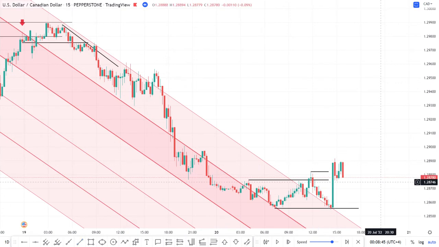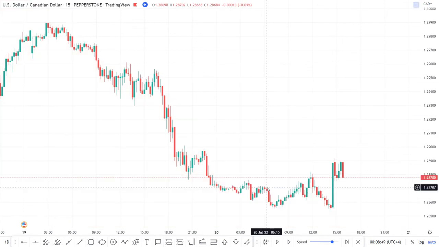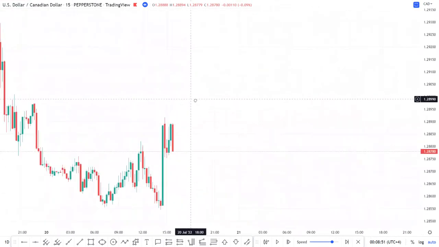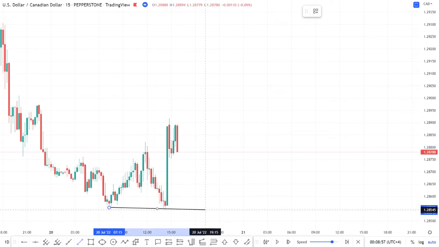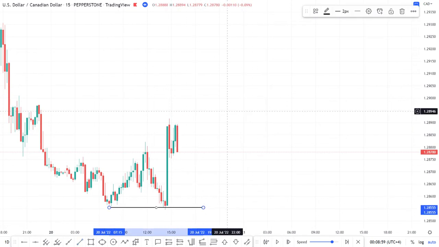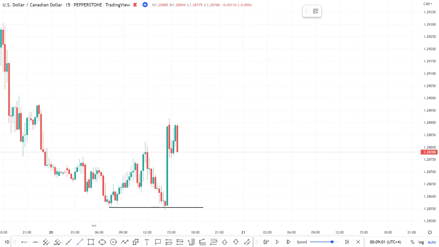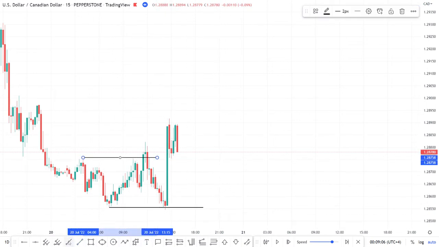So ang tanong, saan tayo mag-entry? So let's clear the drawings and let's focus on this price action dahil interesting at napakagandang price action ito. Yan, meron tayong na-violate na structure.